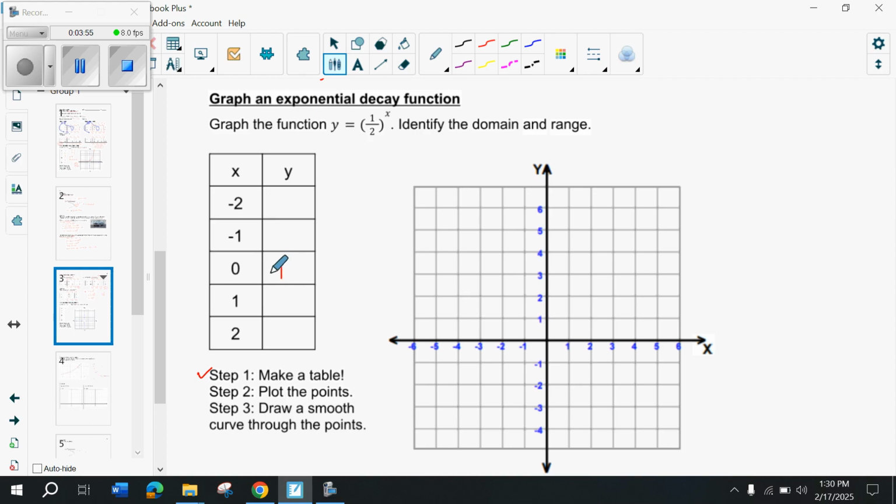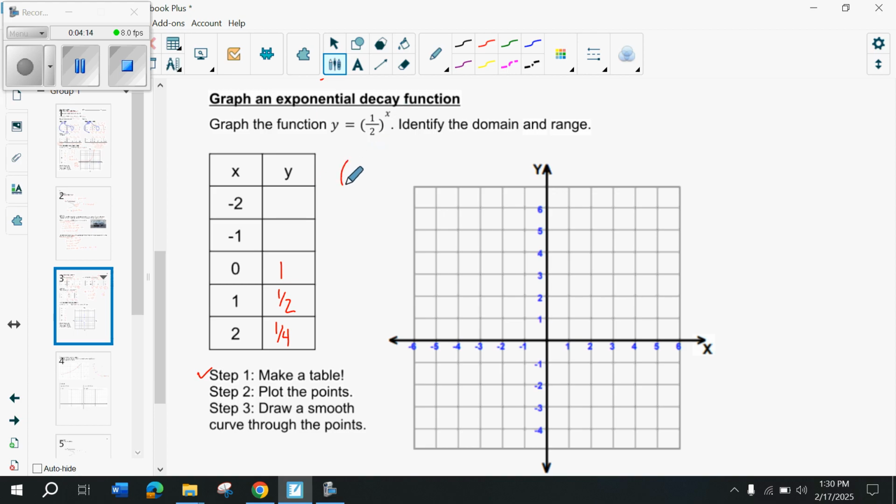So I know it's going to have this value here as x equals 0, y equals 1. If I substitute 1 in for x, anything to the 1 power is just itself. So I know this is 1/2. And then this is going to be 1/4, because 1/2 times 1/2 is 1/4.